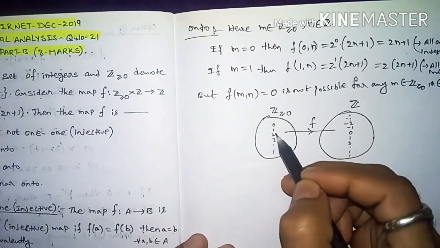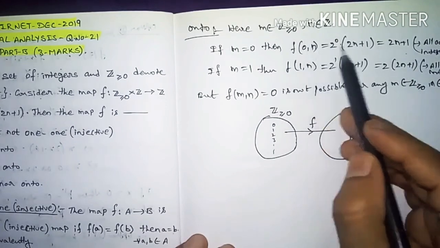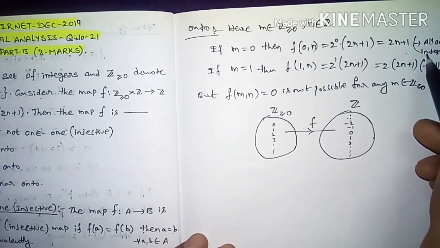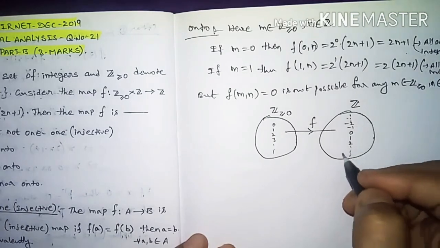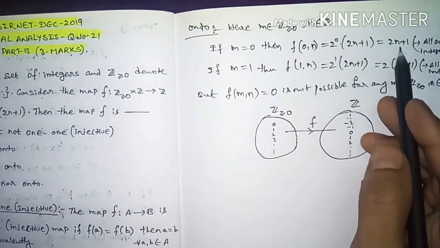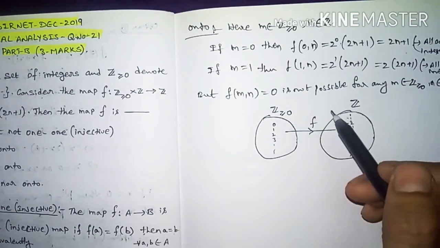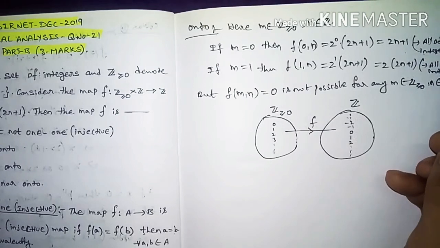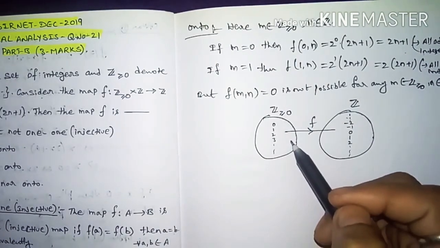We have preimages in Z greater than or equal to 0, that is f(0, n) is equal to 2n plus 1, meaning all odd integers. Odd integers contain negative as well as positive odd integers. So for those elements we have a preimage in Z greater than or equal to 0, and similarly for all even integers also we have a preimage.